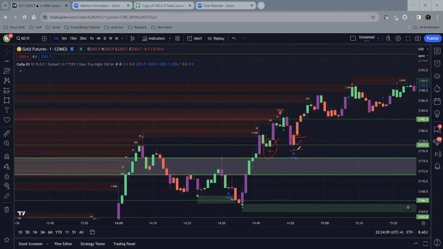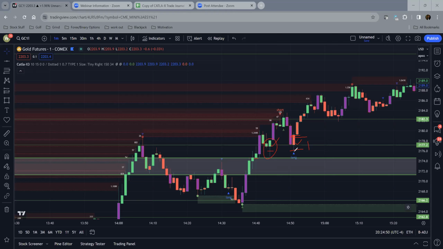How many ticks is this? 30 ticks. Still a bit more than we should be putting on. Now how many contracts can trader number three take? Only one. Still roughly in the same area that trader number one decided to take, right? Still not too far off when we look at the chart.